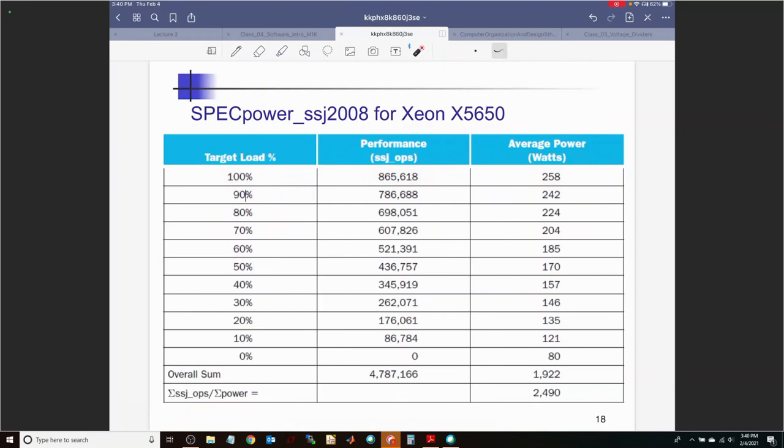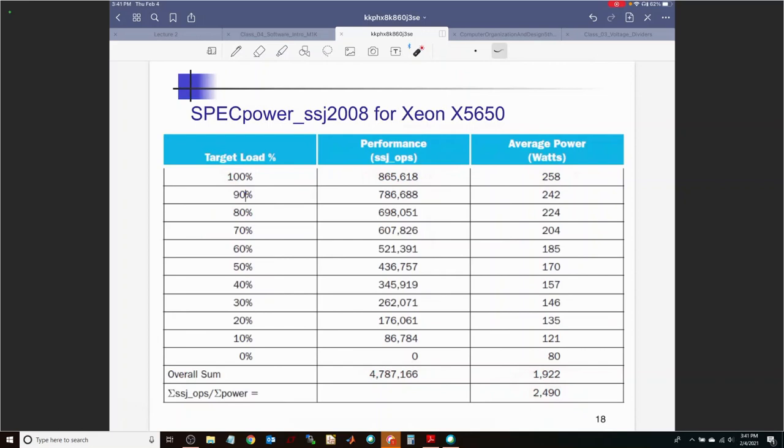Of course, there's a reduction in the operations per second because you are making things easier for the processor at any given stage. And as you would expect, the power consumption should go down because of that. At the end, you do an overall sum of all the operations per second and the overall wattage. You divide one by the other to get your power spec.